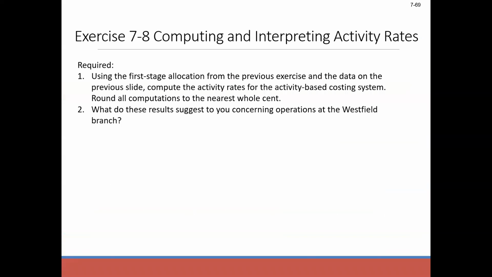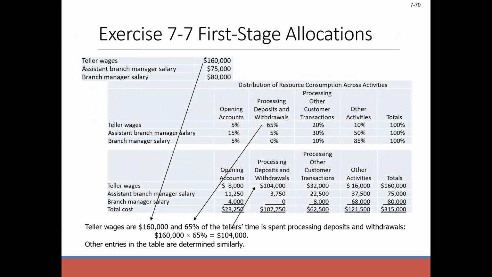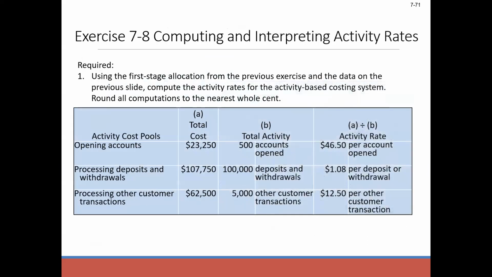Using the first stage allocation and the data on the previous slide, compute the activity rates for the activity-based costing system. And what do these tell us about this branch? So again, by figuring out the percentages and breaking them down to the total amounts, we show opening accounts with a total cost of $23,250.